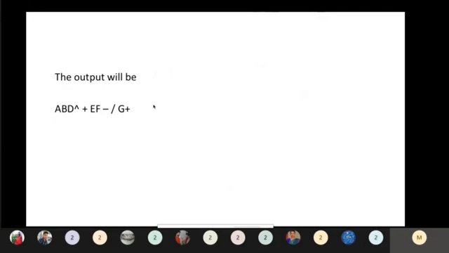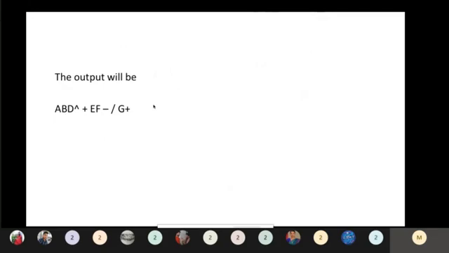In that, we have two types of characters: one is the operator, another one is the operand. If you get any operand, there is no comparison, we don't have any further step. We can directly place it on the output. Otherwise, if you get any operators like plus, minus, multiplication, division, or exponent, or opening or closing parenthesis, that should be placed on the stack, that is, we push it on the stack.